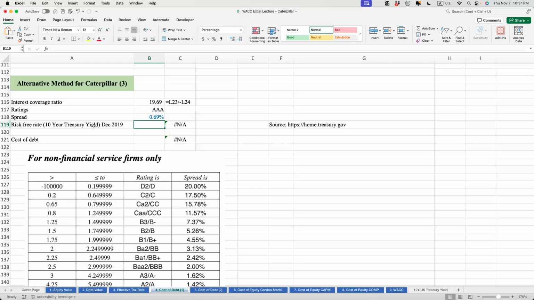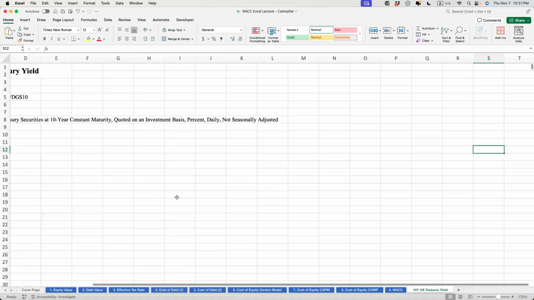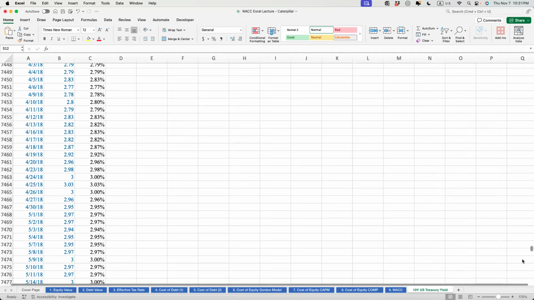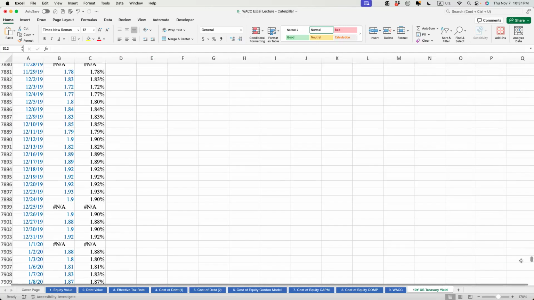You can use 15 years or 30 years; it depends on your assumptions. For the 10-year treasury yield for December 2019, I gave you that in the tab. You just have to scroll down a little further to find December 31st, 2019. So your risk-free rate will be 1.92%.